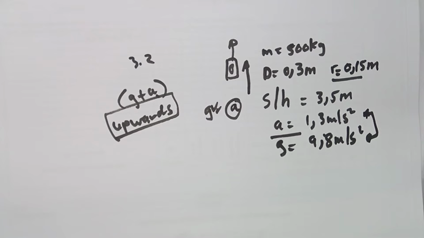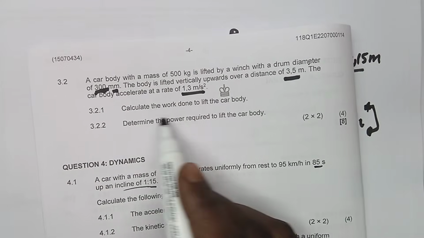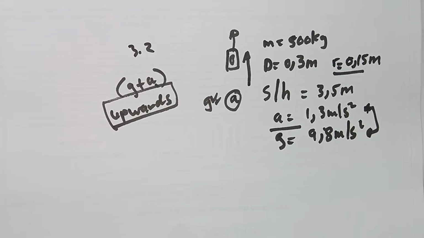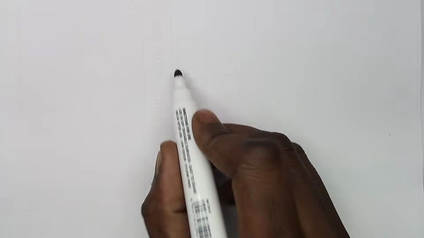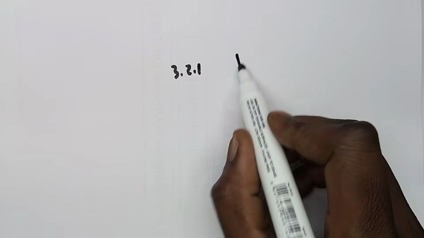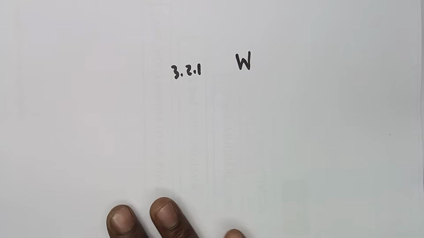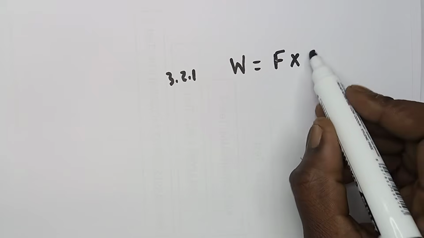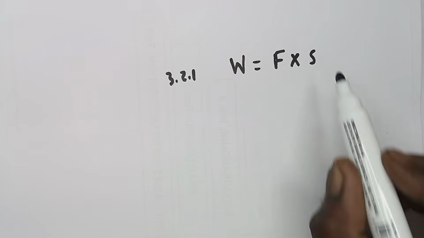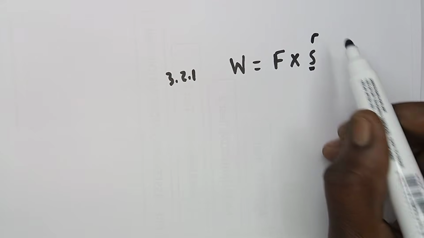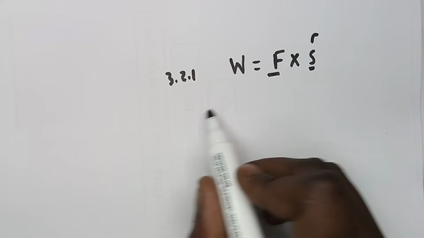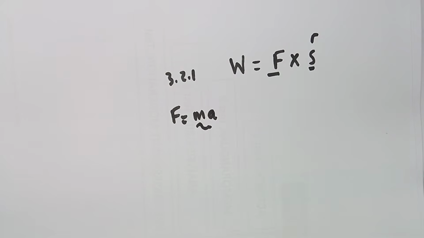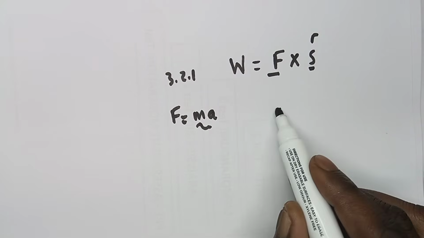Okay, so what is the question, guys? The question is calculate the work done to lift the body. So what is the work done there on 3.21? All right, that is 3.21. We know, guys, that the work done, which can be written as W or WD, is equivalent to the force times the perpendicular distance. We talked about this. The perpendicular distance is actually the radius. Then this is the force, and we know that the force is equivalent to mass times acceleration at a steady state, when you are just moving, maybe in a horizontal manner.